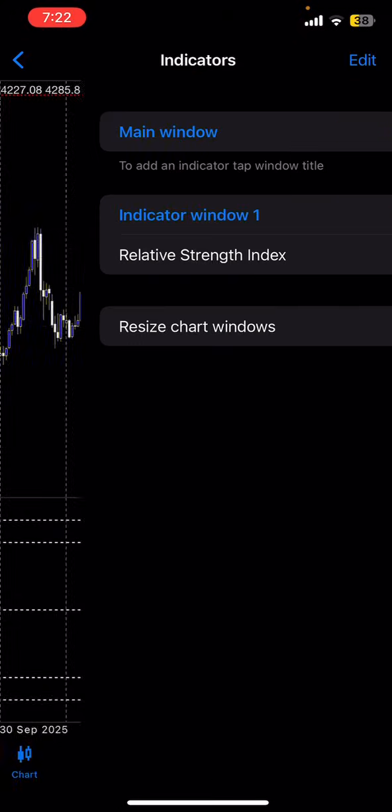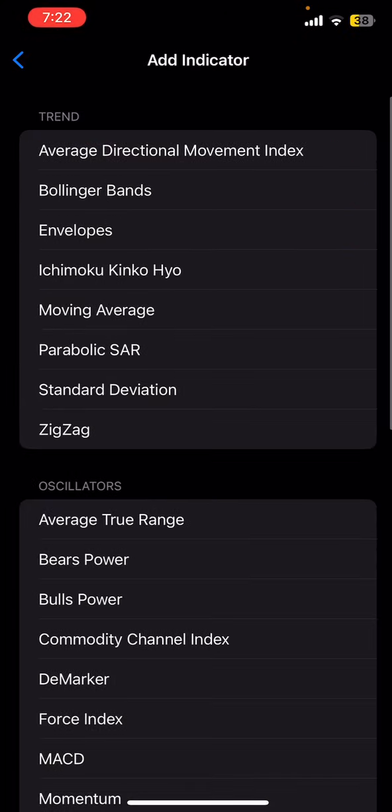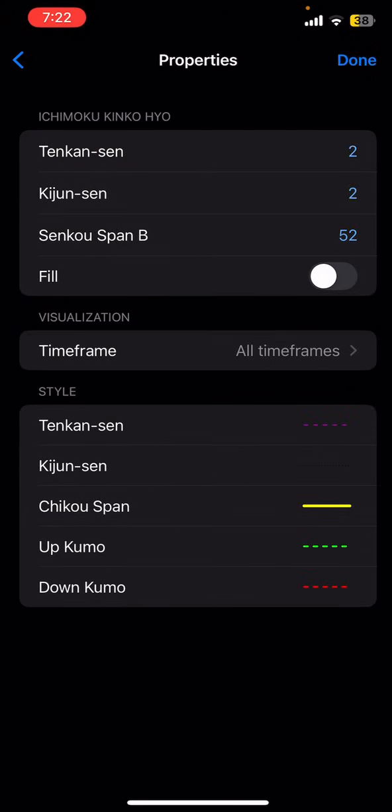Okay, and then after that we will add the Ichimoku indicator, and these are the settings. So it's not default settings, it's changed, it's different. These are the settings, and then the colors you can put according to your preference, but I'll just put it like this.